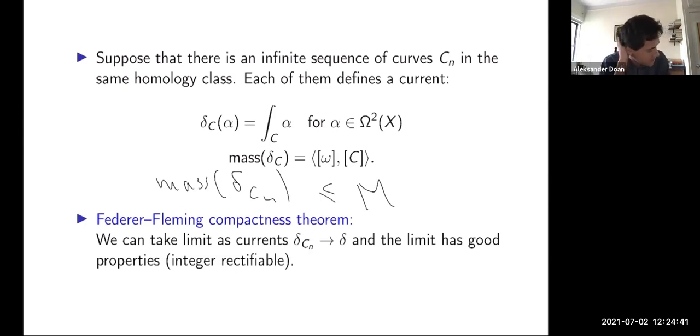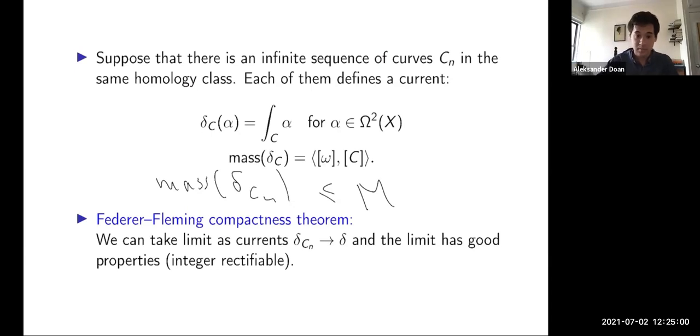And then there is a compactness theorem in geometric measure theory called the Federer-Fleming compactness theorem, which says that if you have a sequence of integer rectifiable currents of bounded mass, then you can pass to a limit, and the limit is also an integer rectifiable current.